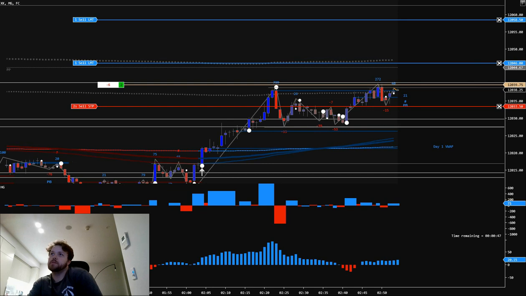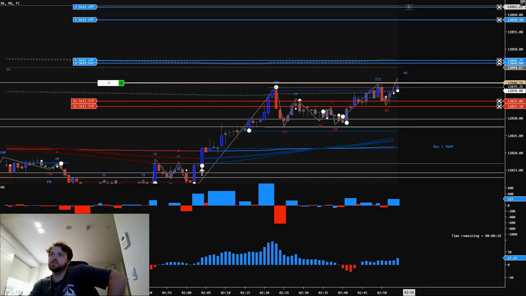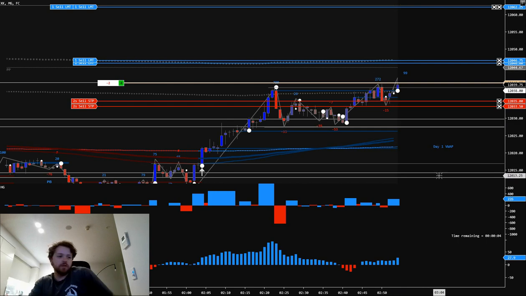Patience. Getting in. So yeah, first targets are just here. Second targets to that other zone that was predetermined from the 15-minute chart, and that's looking great. That's looking like a good breakout.